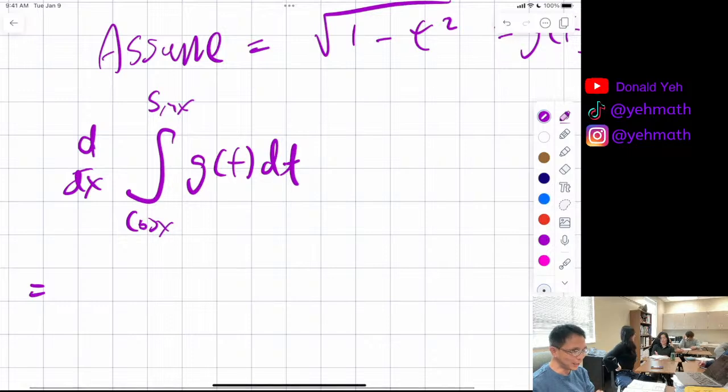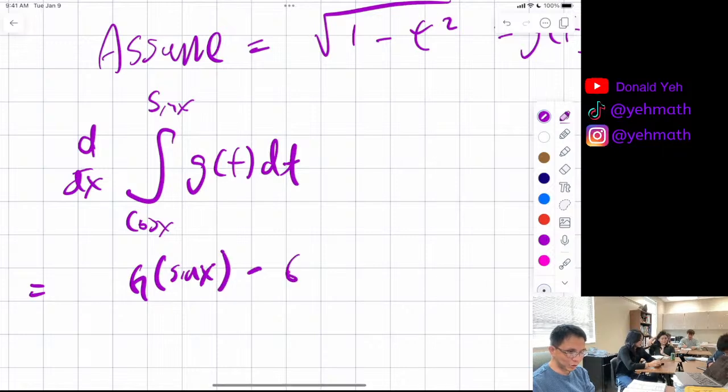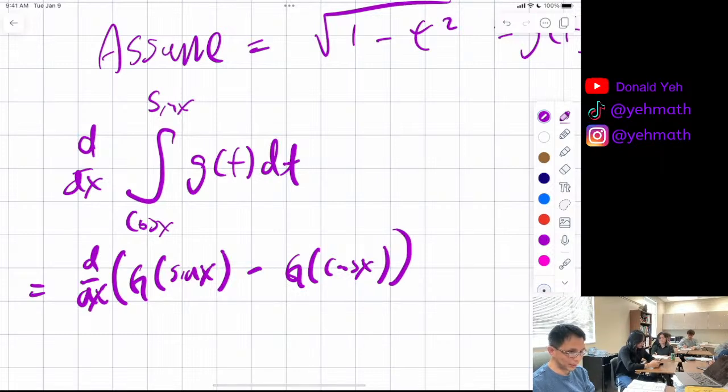All right, so I integrate this. What am I going to get? G of what? Sine of x, right? Minus g of cosine of x. Because if I integrate the lowercase, am I going to get the uppercase? Is that okay? Now I'm going to take a derivative of this function. Did I say I don't really care what that function is, because I'm going to take the integral and follow it with a derivative?